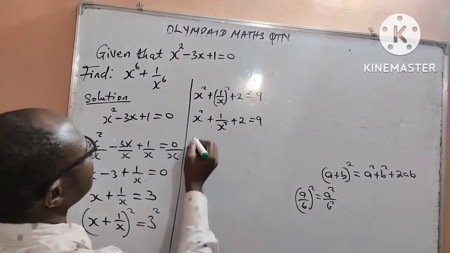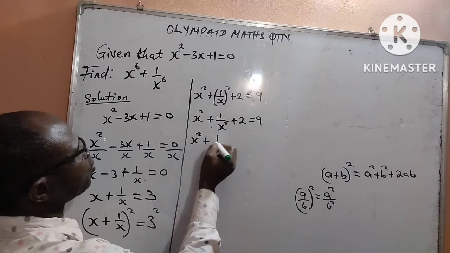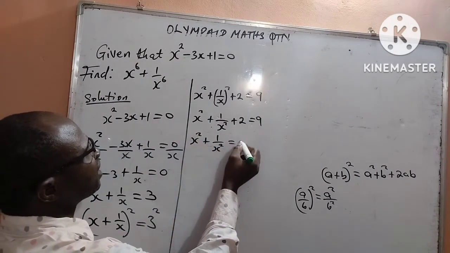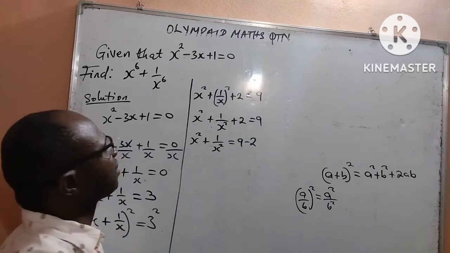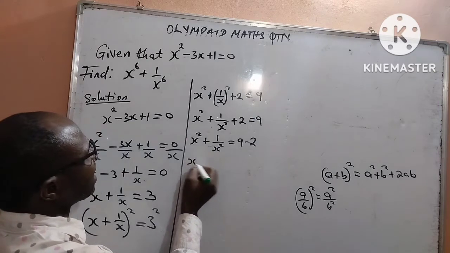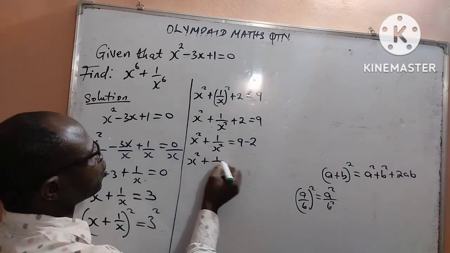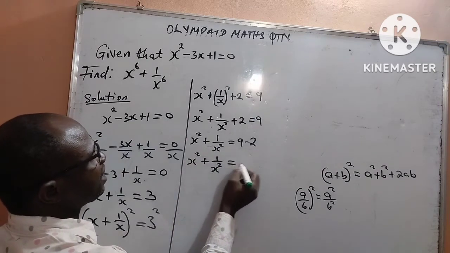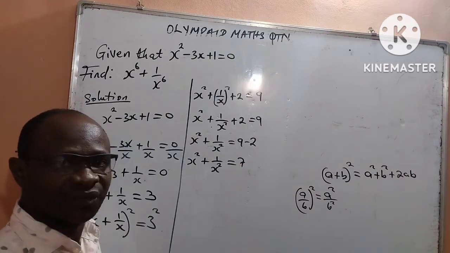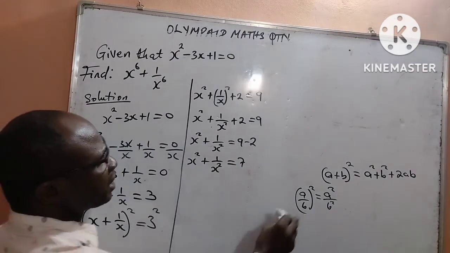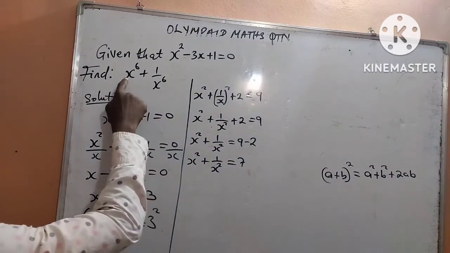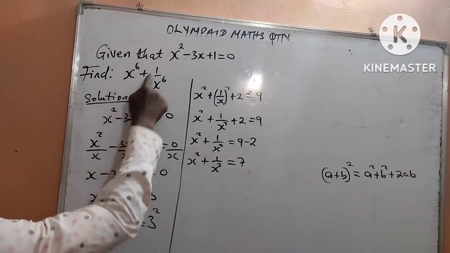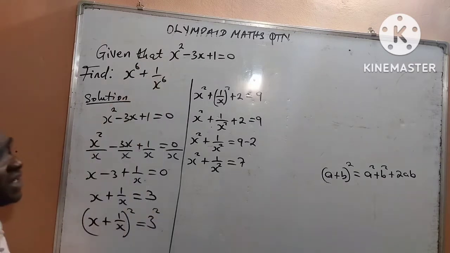This means that my x squared plus 1 all over x squared is equal to 9 minus 2, taking positive 2 to the right hand side. And that shall now be x squared plus 1 all over x squared equal to 7. Very good. Remember, I still have the interest of getting x to the power 6 plus 1 all over x to the power 6.